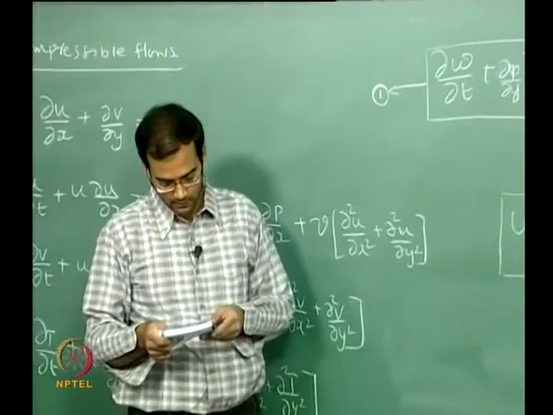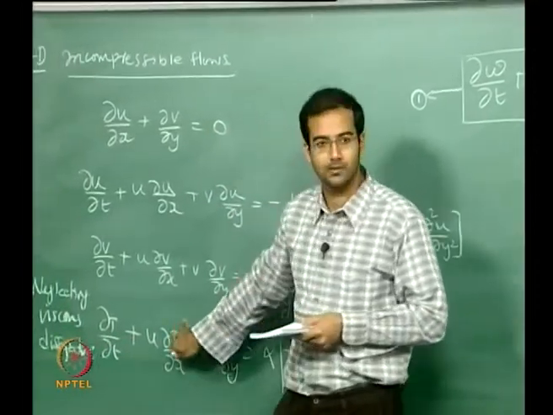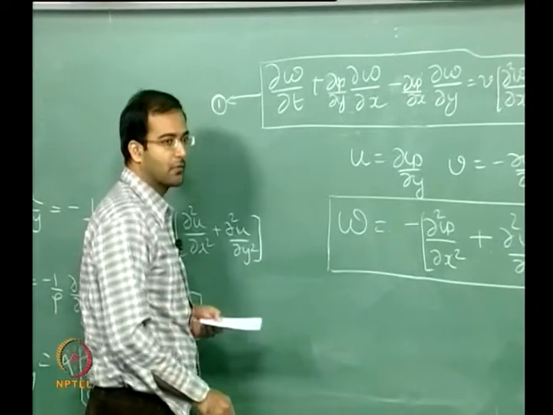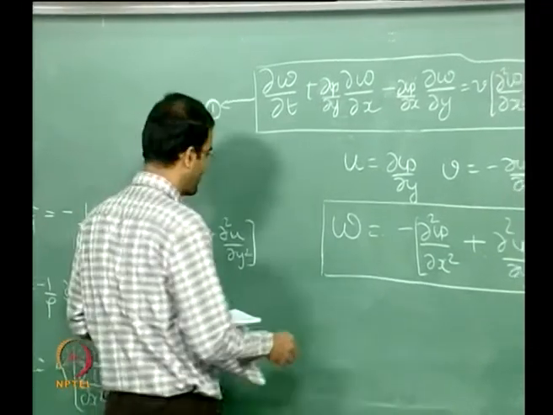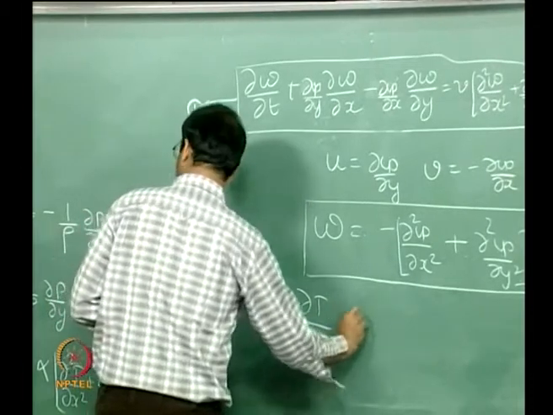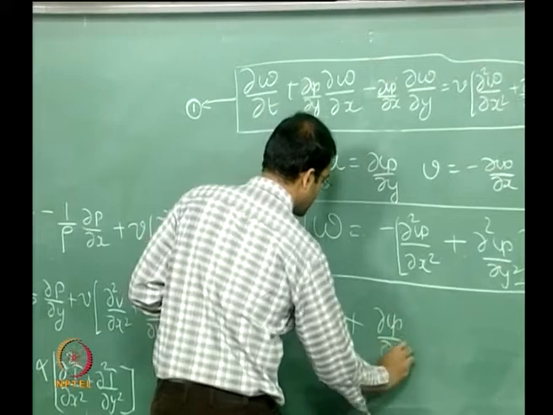And this is what you are going to try out also. Now the same thing in the energy equation, if you substitute, apart from the flow field, you can also calculate the temperature. So the energy equation becomes, you can substitute for u again in terms of the stream function.